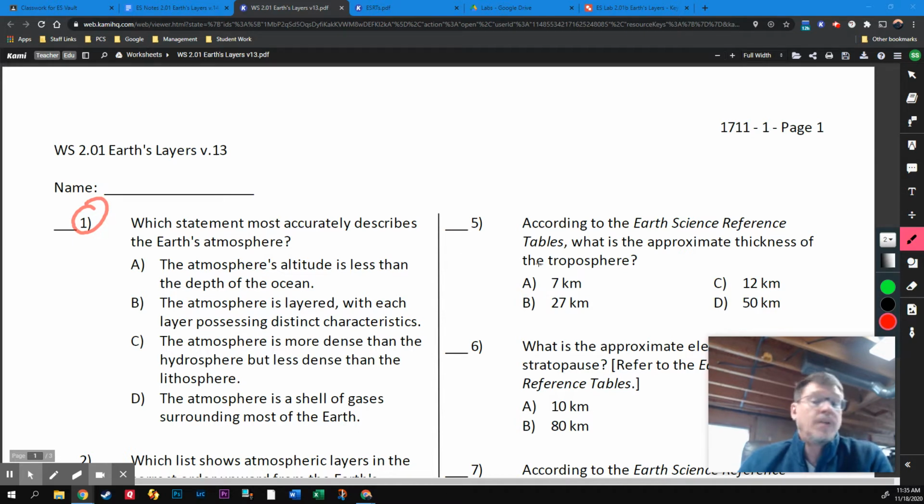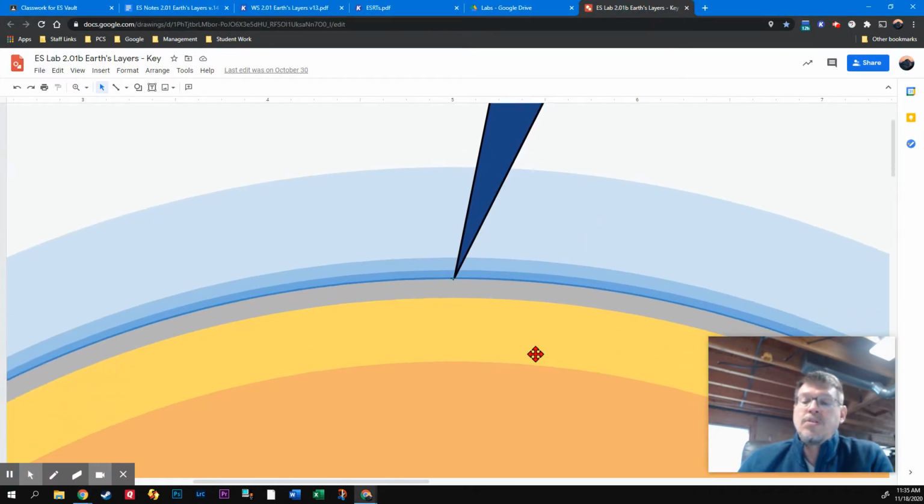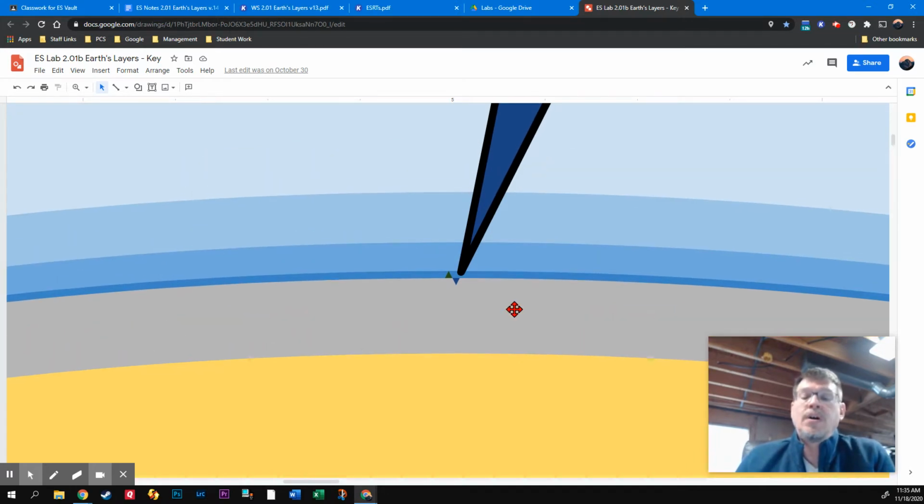If you had done your 201 lab, let's preview that. One of the things you were supposed to do on your 201 lab was create little triangles for Mount Everest and for the Marianas Trench. The Marianas Trench is the deepest part of the ocean at about 11 kilometers deep. That little blue triangle represents the Marianas Trench, which also represents the maximum depth of the ocean.